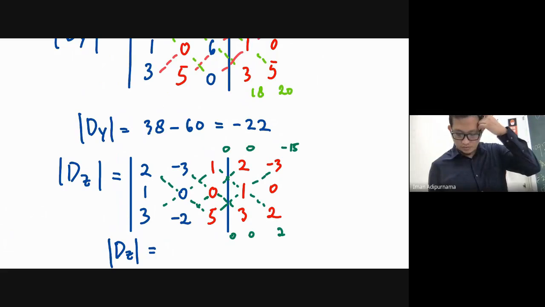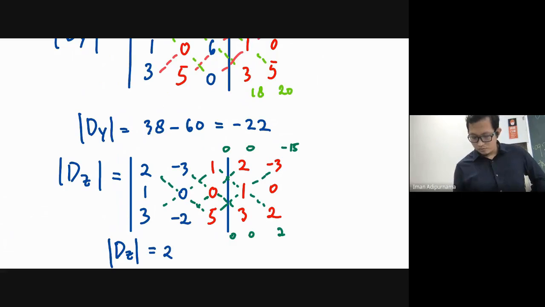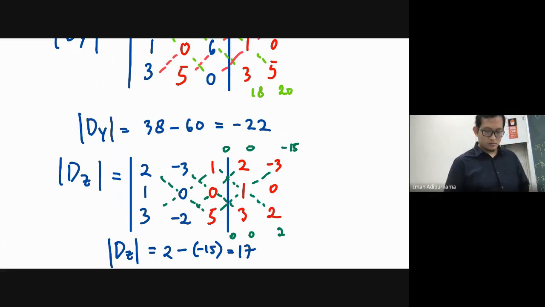Is it correct? 217? 2 minus negative 15. Is correct? 70?